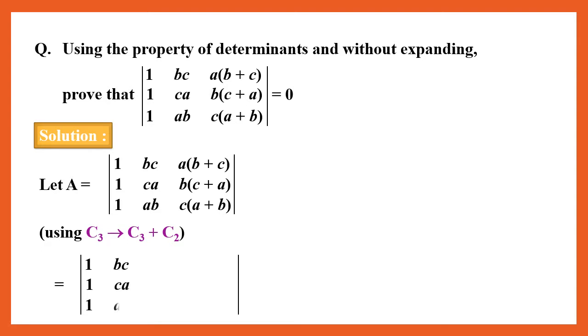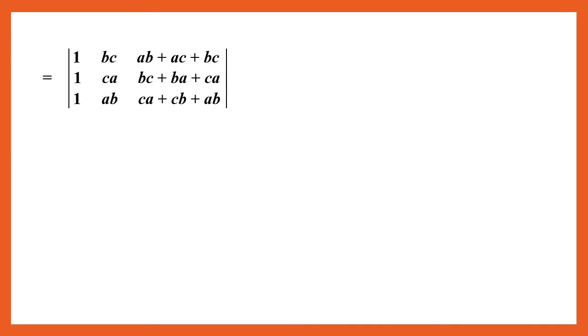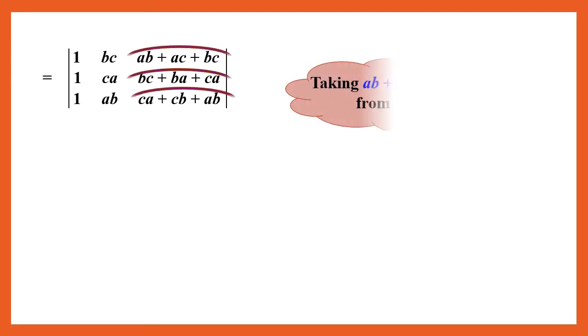So we will apply the property on C3. So on applying the property on C3, we get AB plus AC plus BC, BC plus BA plus CA, CA plus CB plus AB. So you can see that the elements of C3 are same. So we can take out the common factor as AB plus BC plus CA.